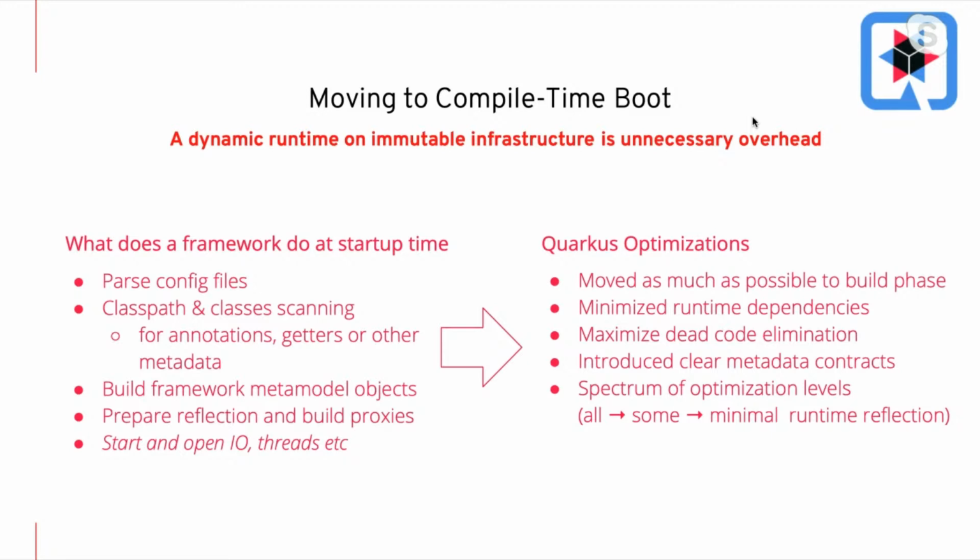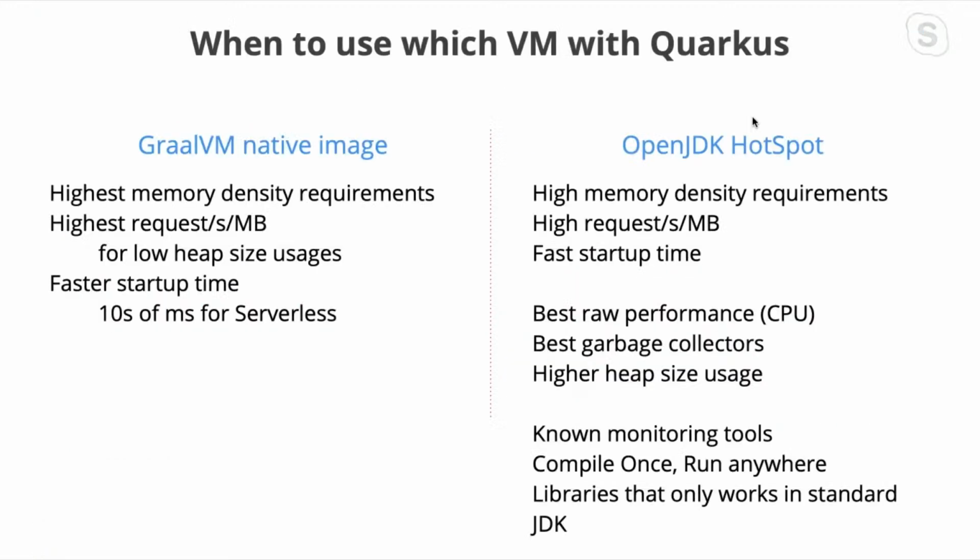All of the complexities, the dead code elimination, the metadata work, is done at build time. That makes it much faster, and that's exactly how it optimizes your Java application. That's why you see those small sizes for memory as well.